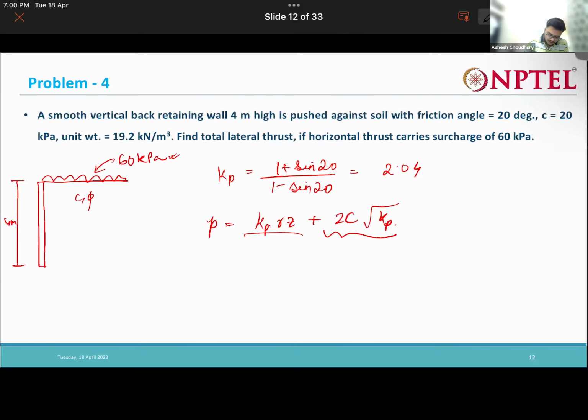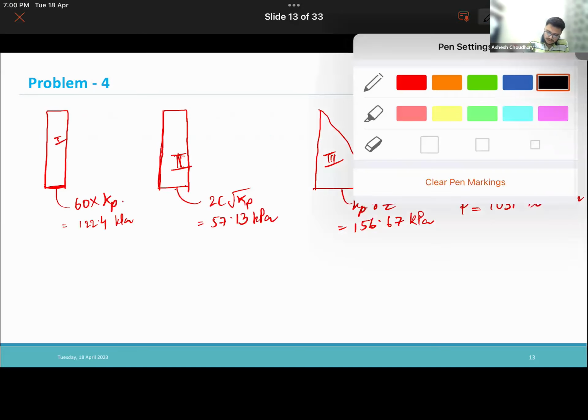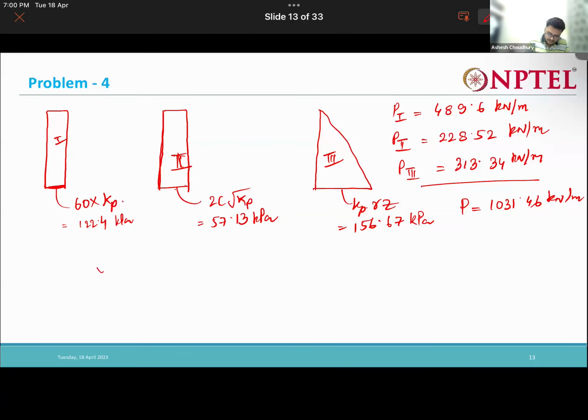Right, done. Just now we have to find out this capital P. Let's find this out.